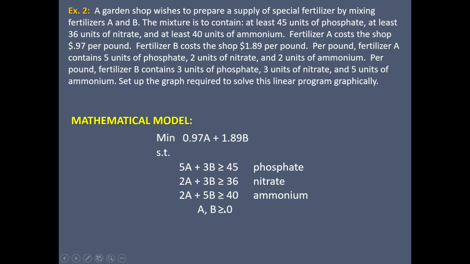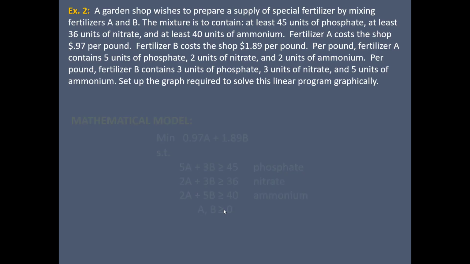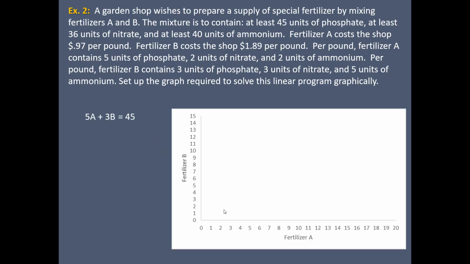Well, once again, as we saw in the previous video, we will not care whether those are greater than or equal to, less than or equal to, greater than, less than, anything. When we set up the initial graph, we are always going to make those equations, where we replace, temporarily, the inequality. We'll deal with the greater than or less than part in a future video, but for now we are simply going to set that to be equal to whatever that right-hand side value is.